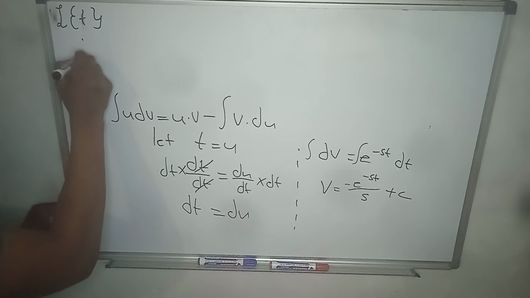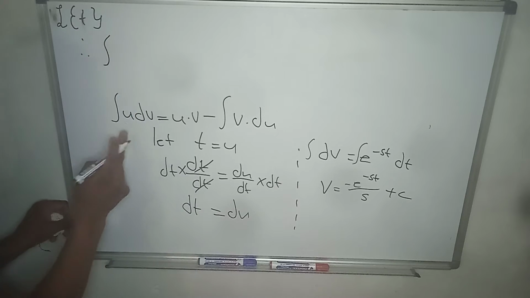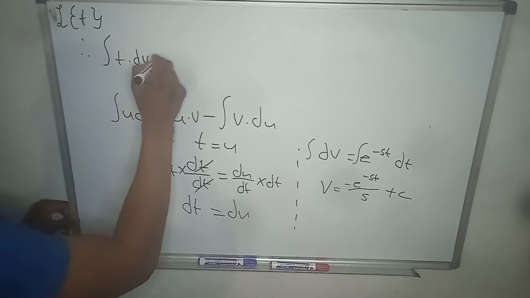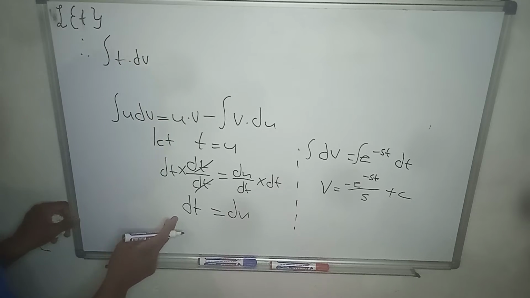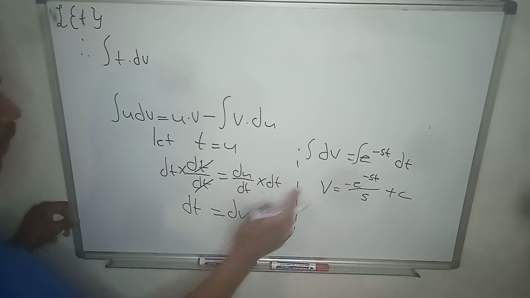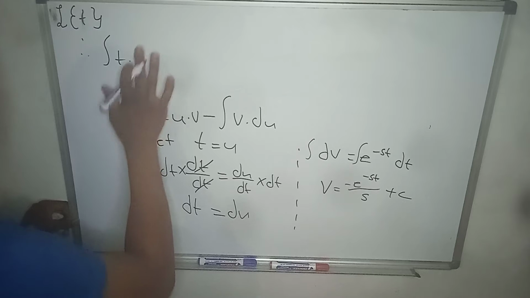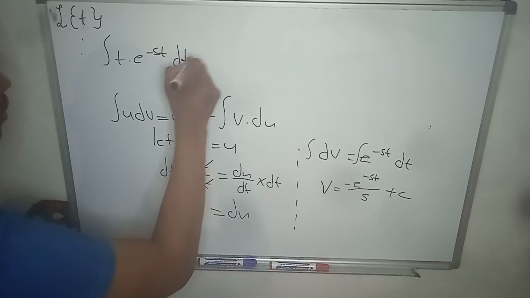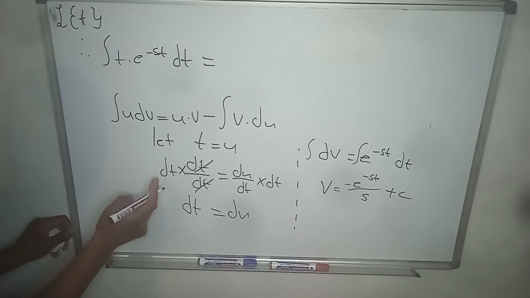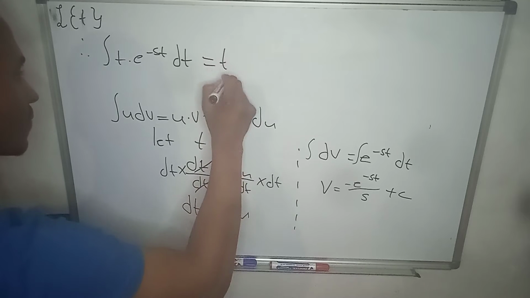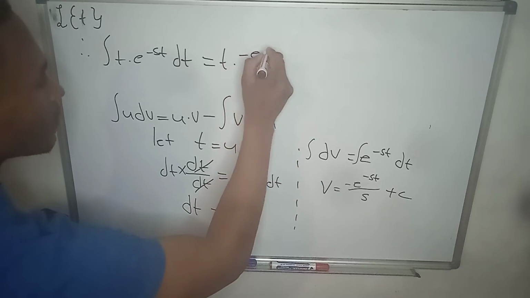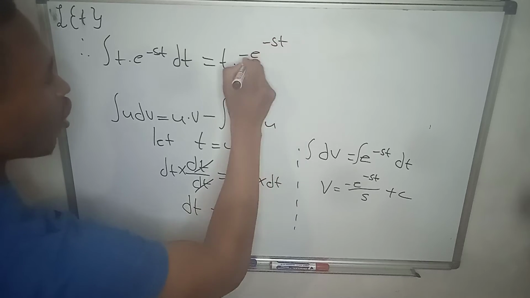If I substitute in this equation, my u is t, and my dv is e^(-st) dt. This equals u times v. My u is t, and my v equals -e^(-st) all over s.